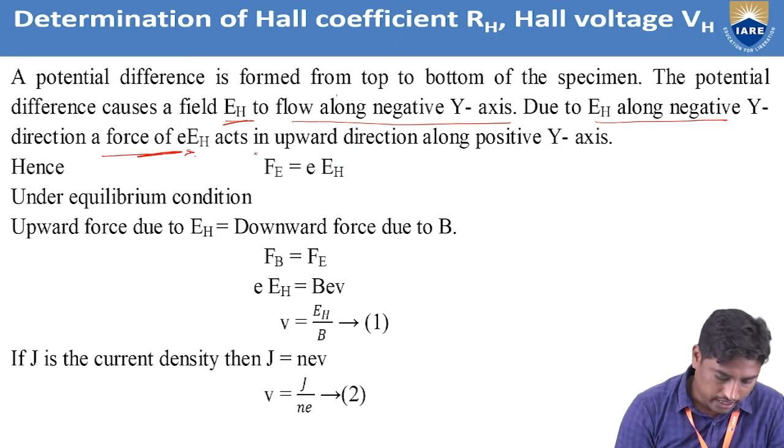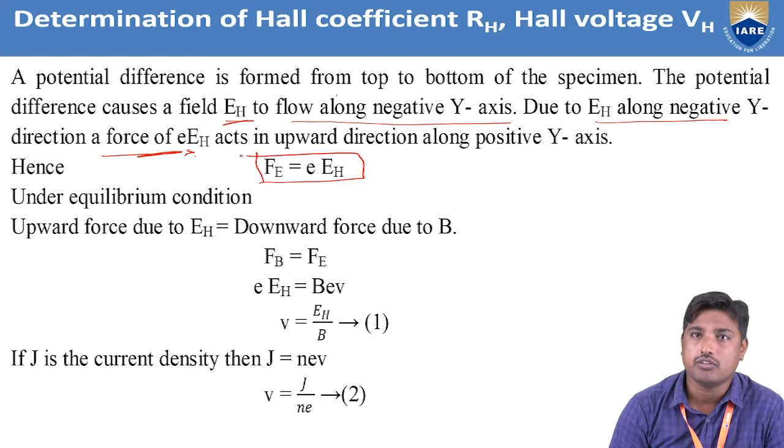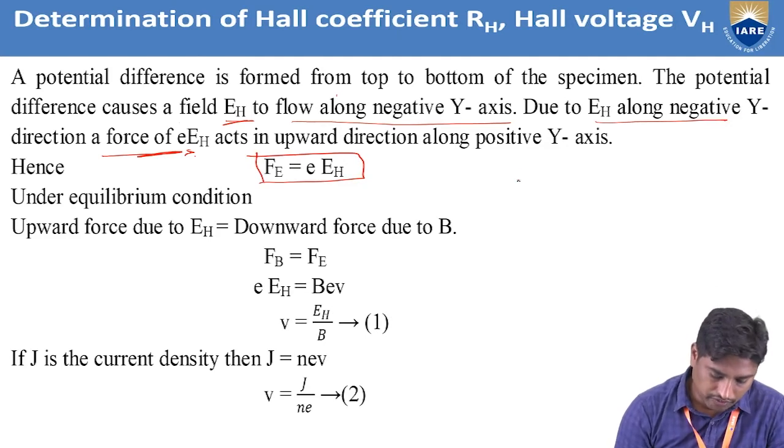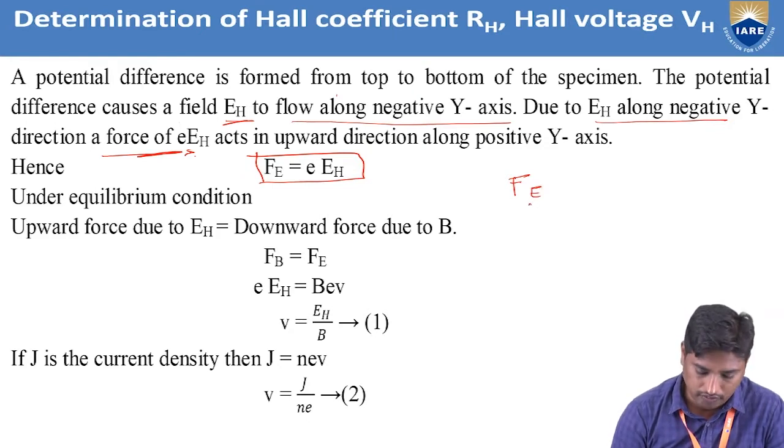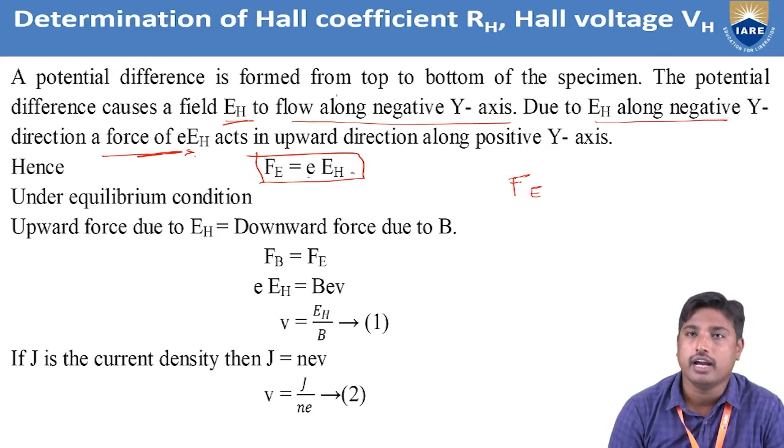So the force acting on an electron due to the electric field is F_E, the force acting due to the electric field on the charge carriers or on the electrons. F_E equals the charge of the electron multiplied with the electric field, the Hall electric field.